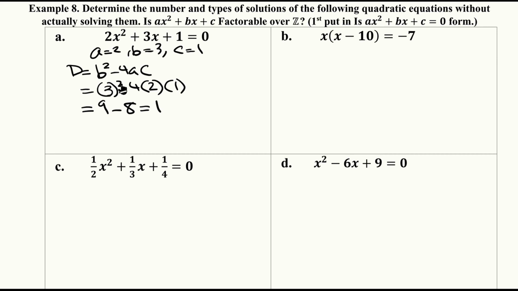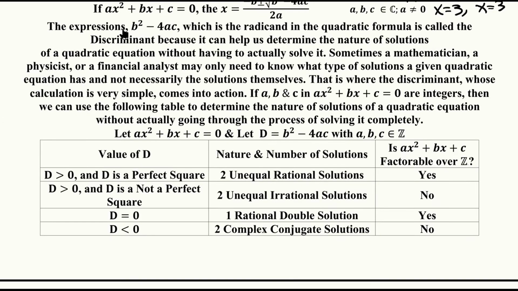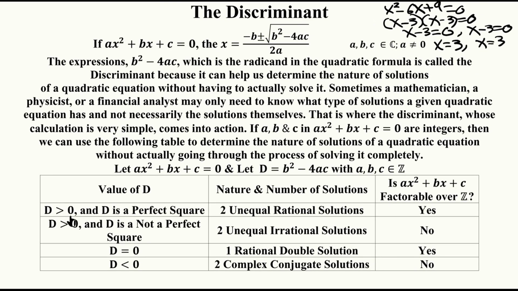Now, 1 is obviously greater than 0, and we also know that 1 is a perfect square, of course the perfect square of 1 itself. So this is the category where D is greater than 0 and D is a perfect square. And if we look back real quickly, you will see that when D is positive and a perfect square, we're going to get two unequal rational roots or solutions.